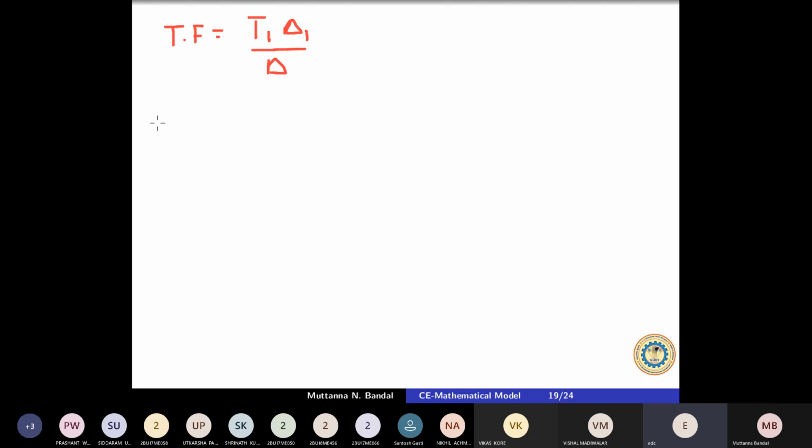Tell me the value of T1. What was the value of T1? Whether it was carrying negative or positive, right? All were positive, right? G1, G2, G3 and G4, right? Yes, sir. So this is T1.